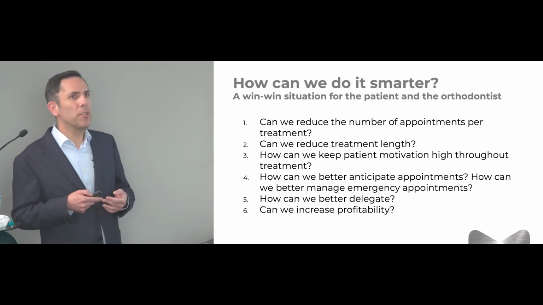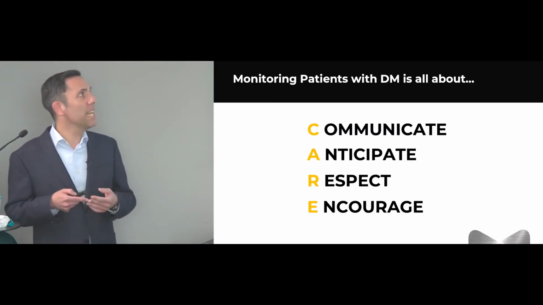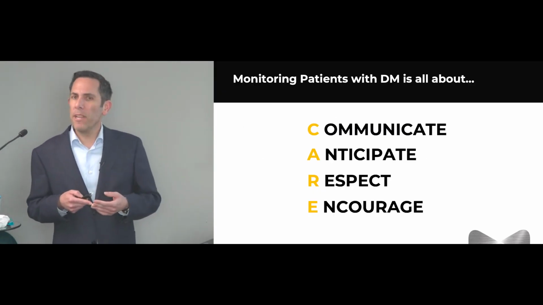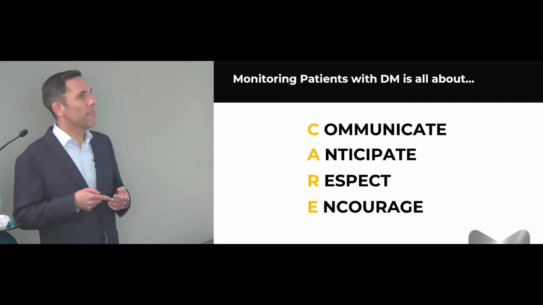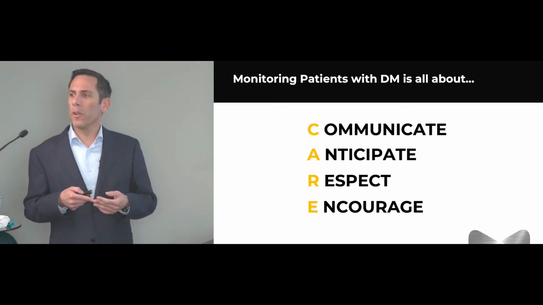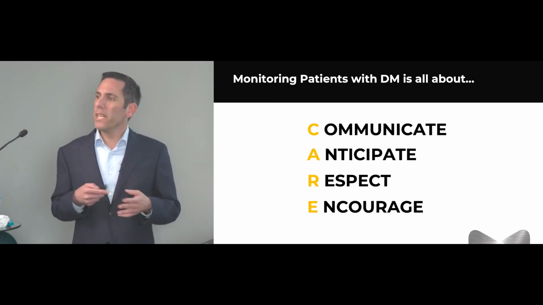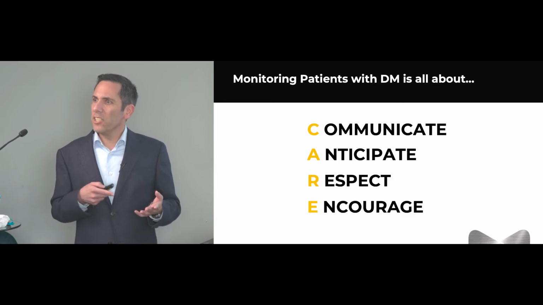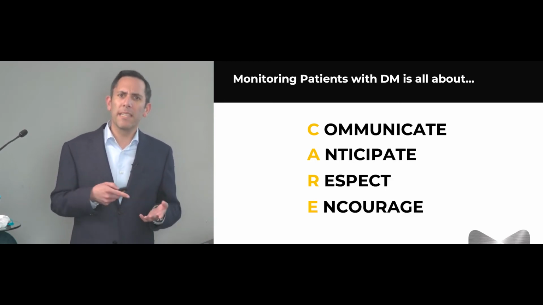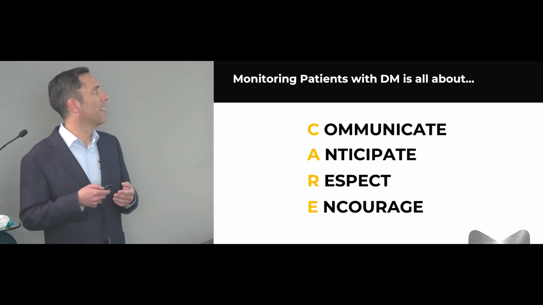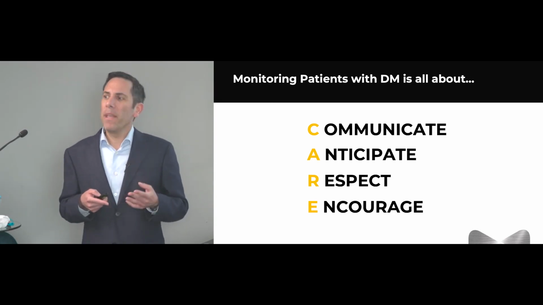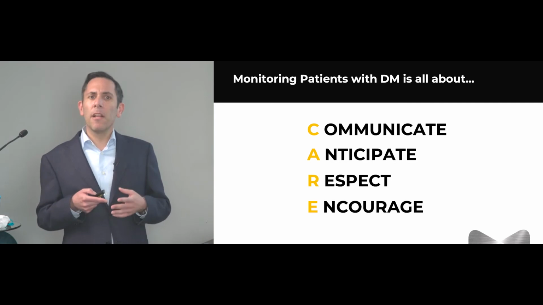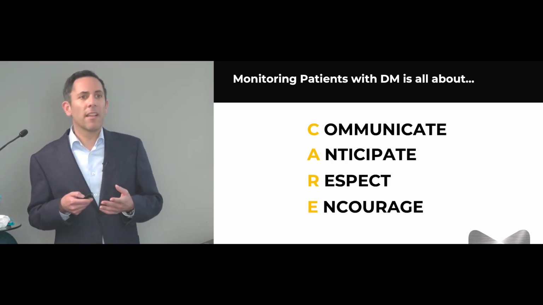And if I were to share with you what DM is all about with patients, I think it's all about patient care. C is for communicate, and obviously you communicate with the patients through the message systems, whether they're automated or personalized. A is anticipate, anticipating patients' needs, anticipating future appointments.